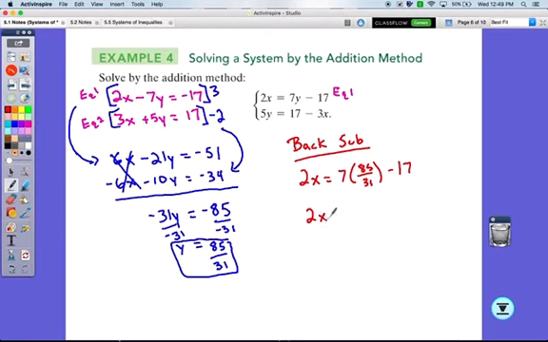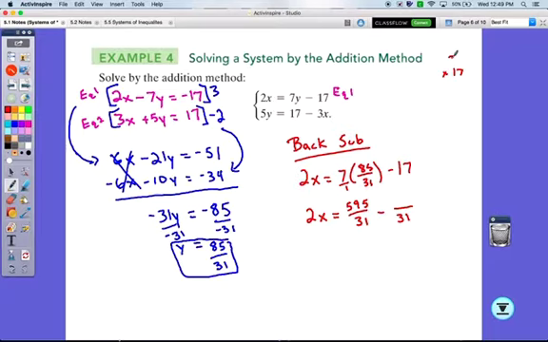All right, that gives me 2x is equal to, I'll multiply the 7 through, I'm just multiplying it on top because that's 7 over 1. So 7 times 5 is 35, carry the 3. 7 times 8 is 56, plus the 3 is 59, so 595 over 31. All right, 17, I can turn that to have a 31 on bottom by multiplying by 31 on top and bottom.